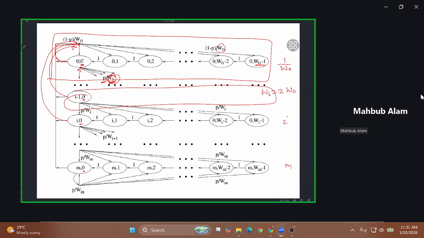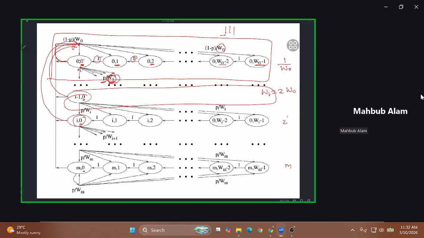When a backoff value is chosen, then in every free slot that I mentioned, if the station finds a free slot, it decreases the value by 1. So 2 becomes 1 with probability 1, 1 becomes 0 with probability 1. And when the value reaches 0, the station transmits.